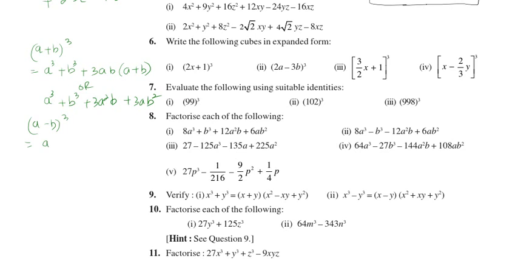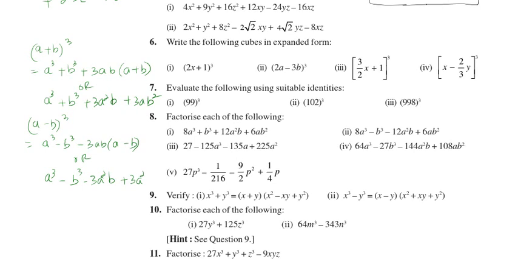So we have a cube minus b cube minus 3ab (a minus b), or you can remember this: a cube minus b cube minus 3a square b, and last is plus 3ab square.